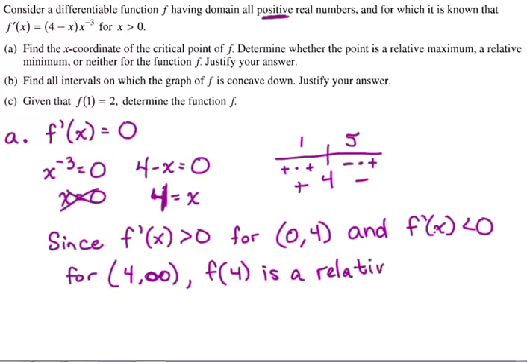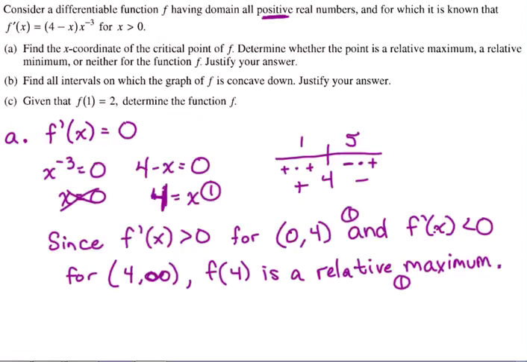If the derivative changes from positive to negative, then the function changes from increasing to decreasing, so that would be a relative maximum. You get 1 point for identifying your critical number, 1 point for saying it's a maximum, and 1 point for your justification.